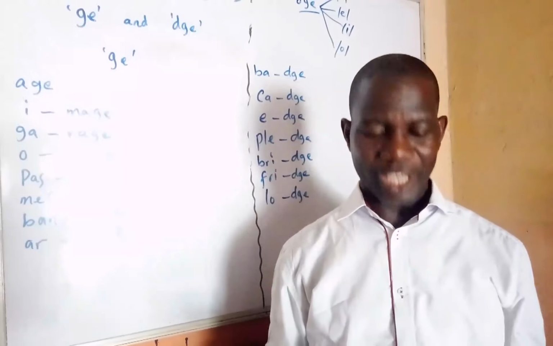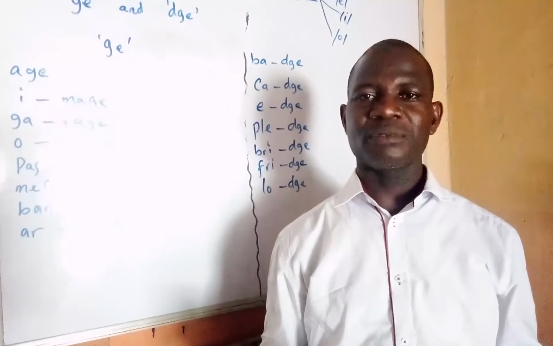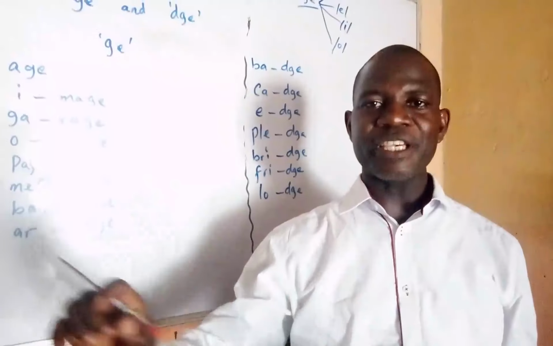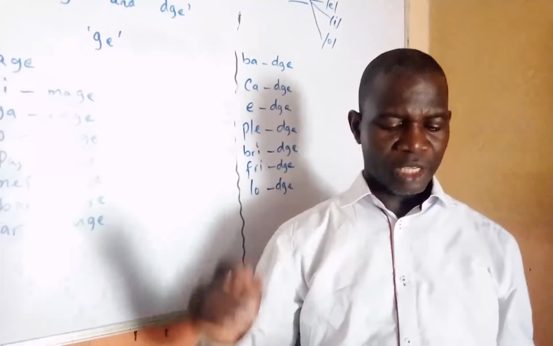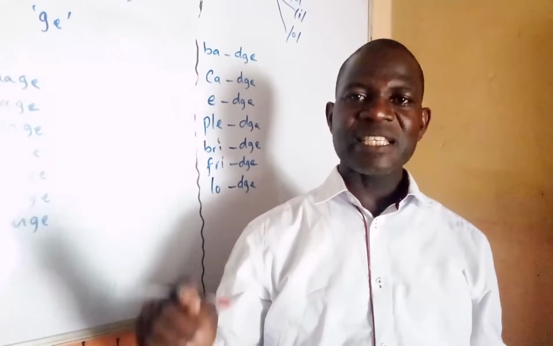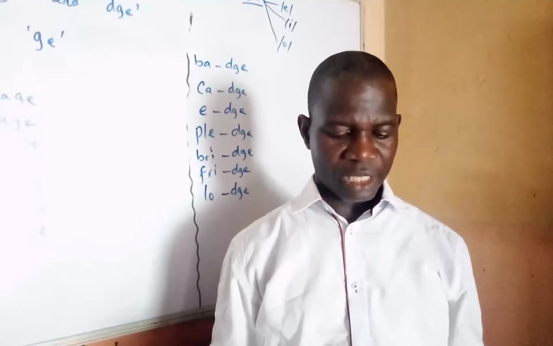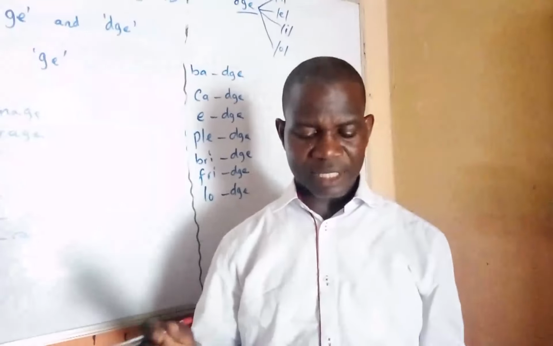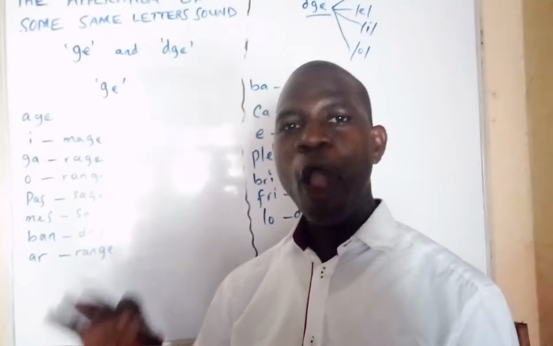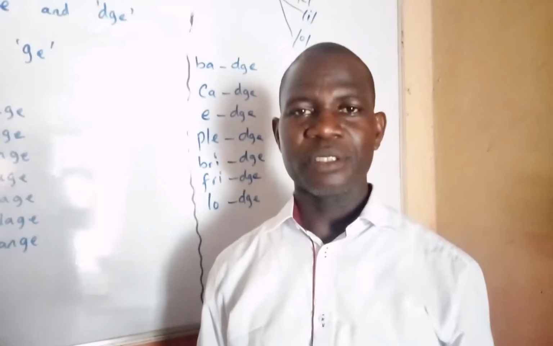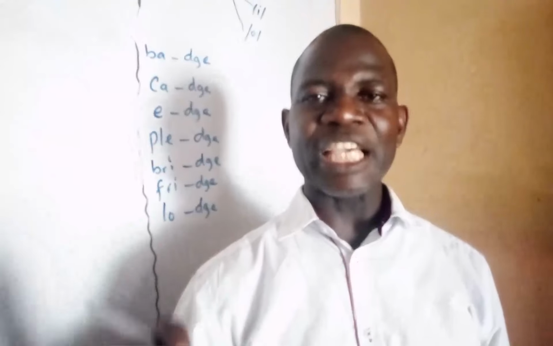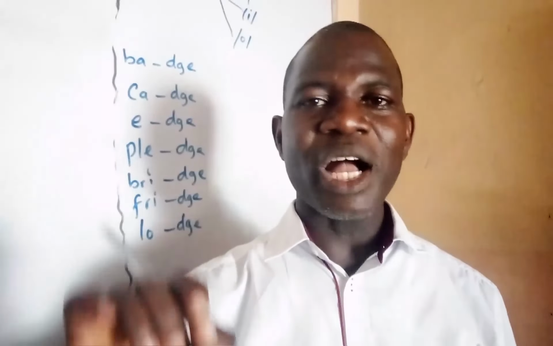Number 4, marriage. Number 5, sledge. Number 6, porridge. Good. Then number 7, knowledge.